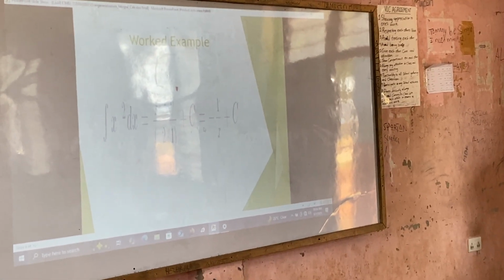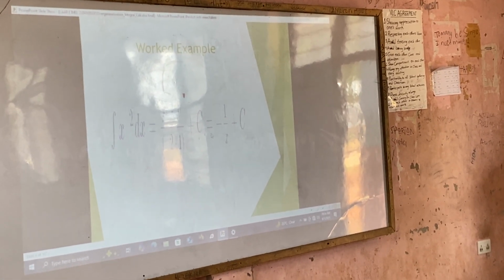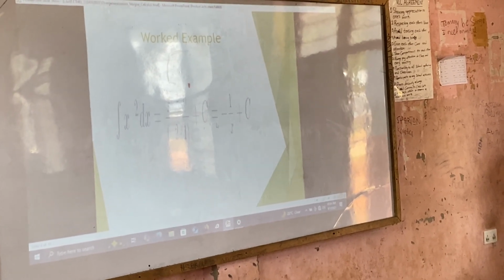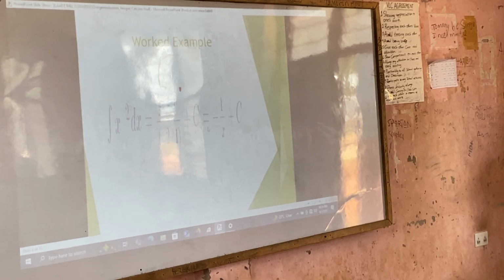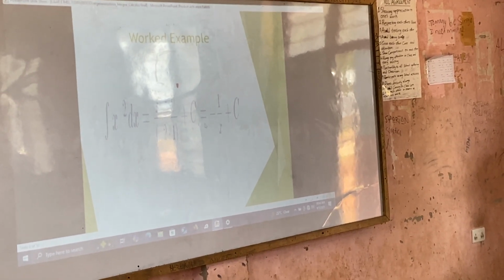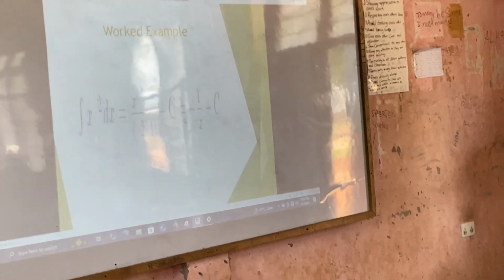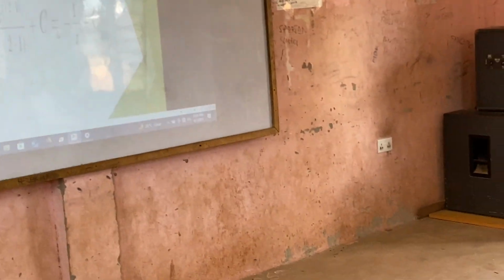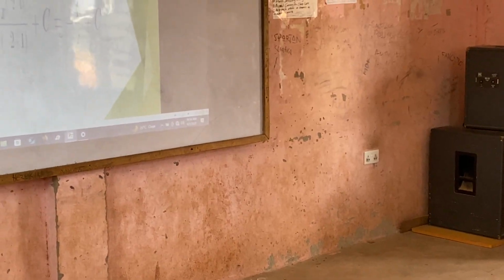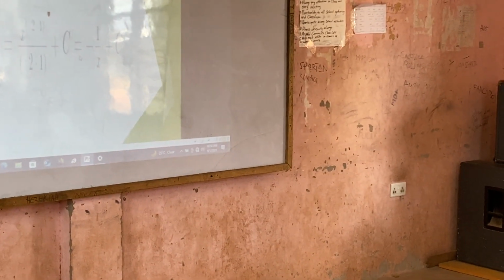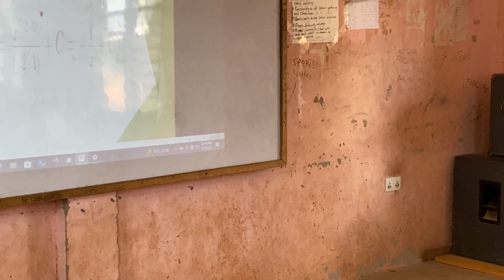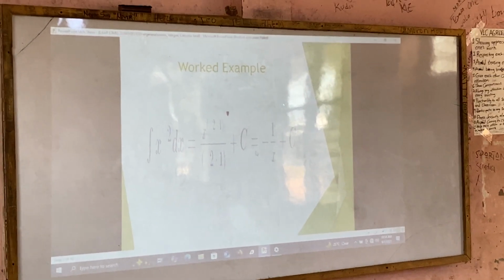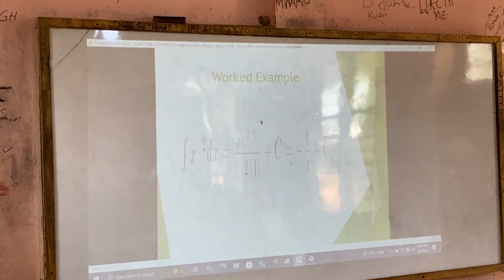The integral of x raised to the power -2 dx is equal to x power bracket -2 plus 1 all over bracket -2 plus 1 plus c. And this is equal to -1 over x plus c.